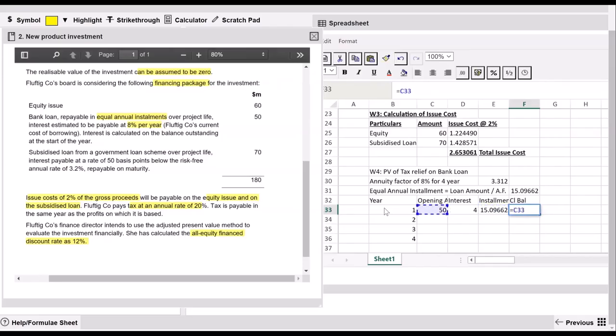Closing balance is going to be the opening plus interest minus installment, and this is going to be the second year opening balance, and second year interest again at 8%. The installment remains the same, and the second year closing balance is the opening plus interest minus installment. Like that, calculating for all the 4 years.